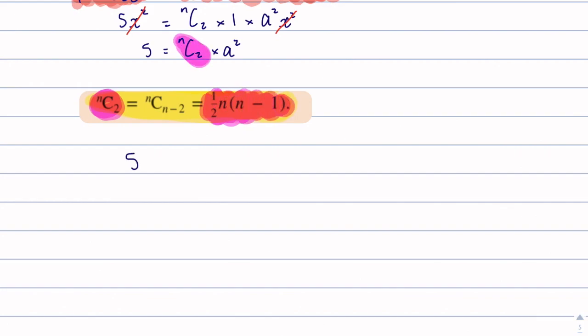I've got 5 equals half n(n - 1) times a².